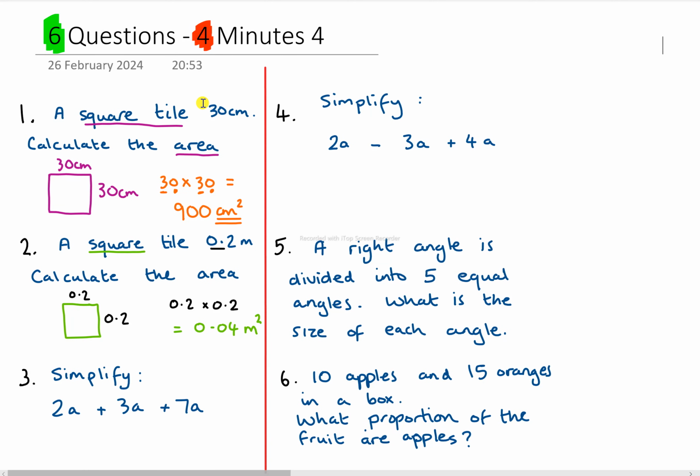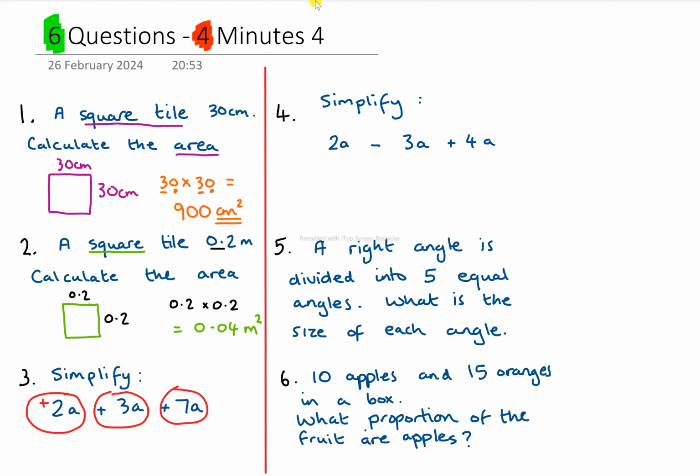Right, next one. Simplify 2a plus 3a plus 7a. So look, this plus goes with this. This plus goes with this term. There's 2a here. Because there's nothing here, I know it's a plus. So this is how you've got to look at it, because it can cause a lot of confusion.